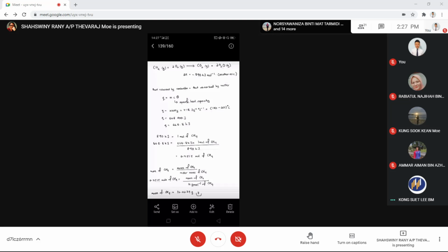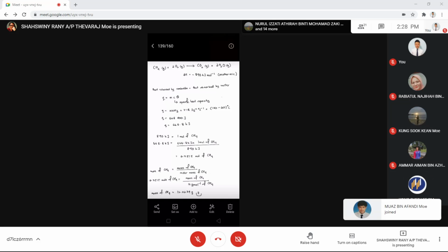So Q is equal to 2 times 4.18 times 80, and we get Q equal to 668.8 kilojoule. And then 890 kilojoule is equal to 1 mole, so 668.8 kilojoule is equal to 0.7515 mole by using the stoichiometric method. And then we use the formula mass over molar mass to find the mass of CH4. Then we get 0.012 kilogram.